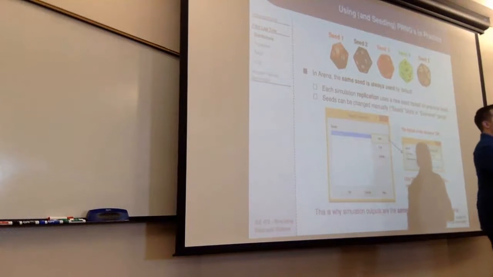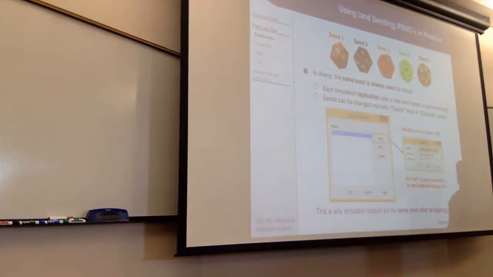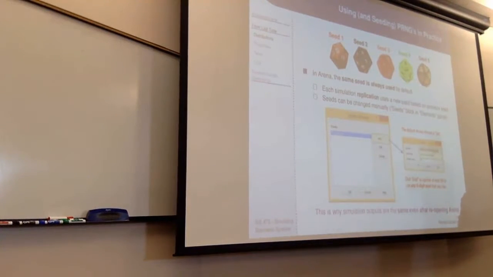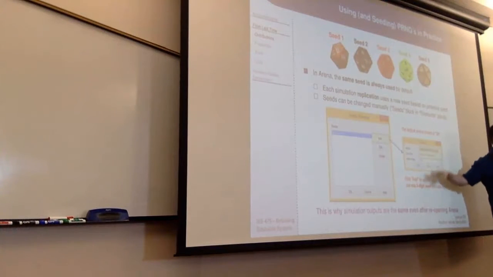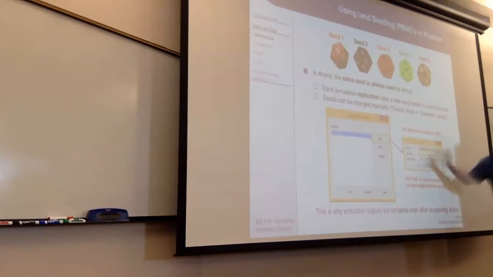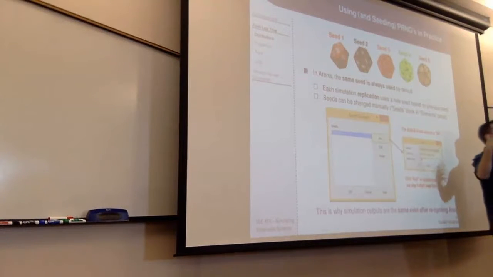But I've already said, like in the muffin simulation, you can have 2 different sims that you guarantee have the same muffins coming into them. Well, Arena makes it much easier to do those kinds of common random numbers things, and those are these other options here. We'll talk about how to use those options after the midterm, but that's the differentiation between a stream and a seed. A seed is just a number, but a stream is a configuration.